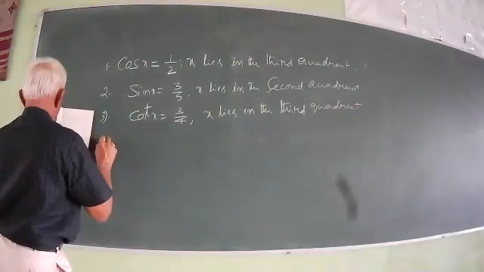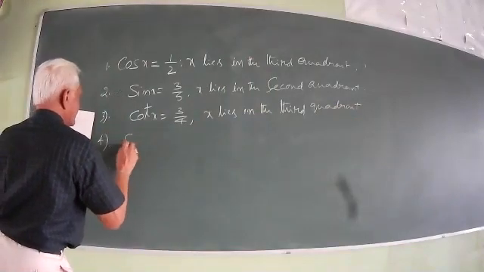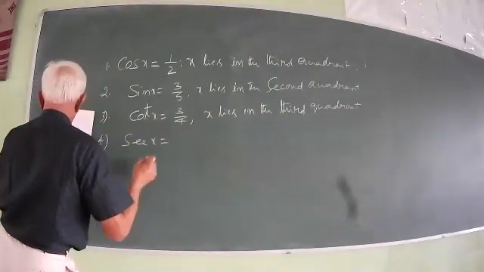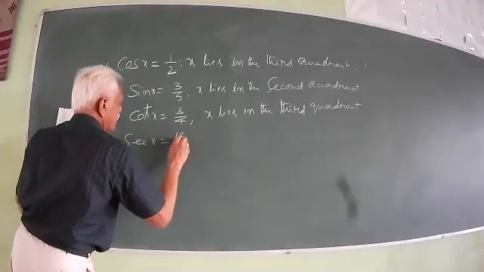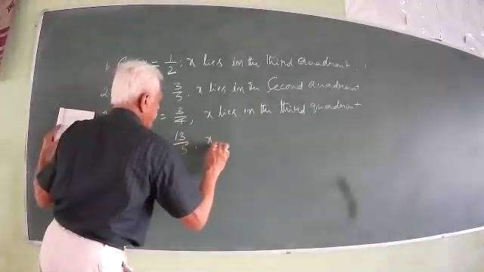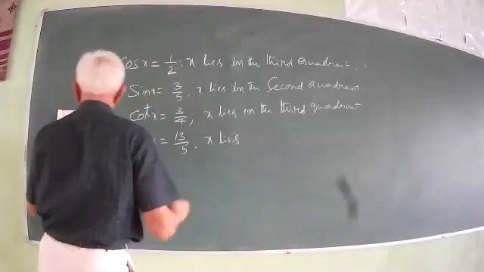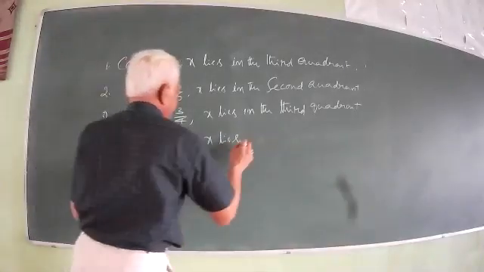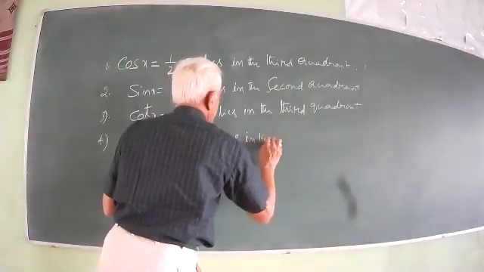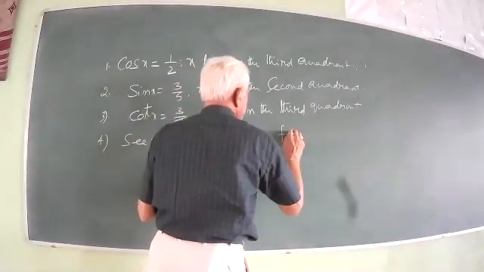Number 4, secant x is equal to 13 by 5, x lies in the fourth quadrant.